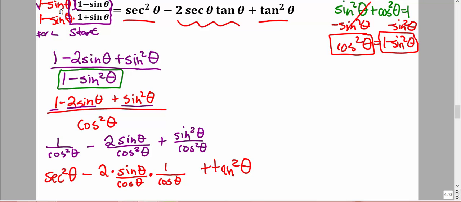So let's convince ourselves that if I multiply these together, 2 times sine theta over cosine theta times 1 over cosine theta, we would get back the original middle term. We multiply across the top and across the bottom, we should get back to that fraction. And I believe we do there.